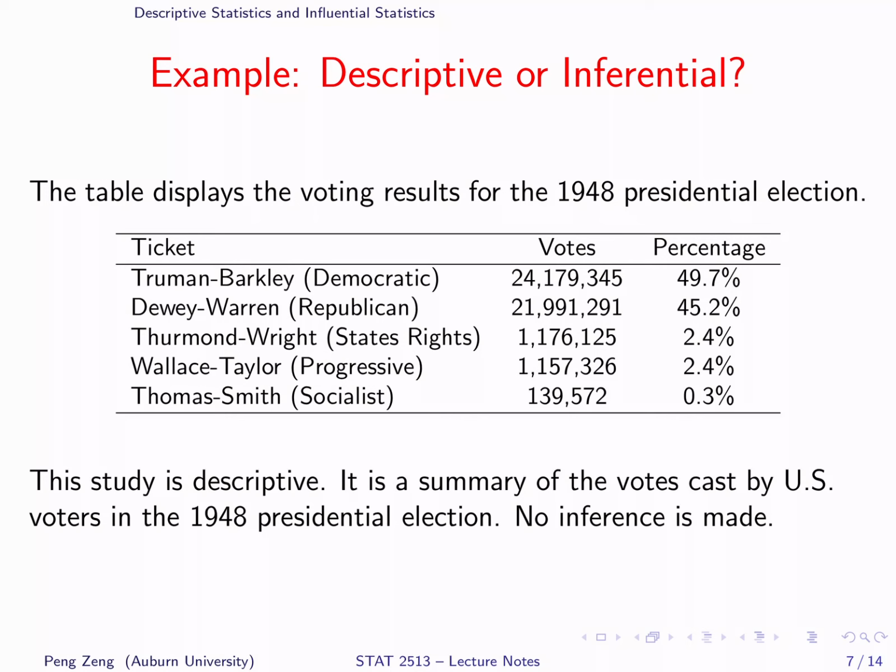Notice that this study is conducted on the whole US population, or at least all US adults who voted. Although the numbers are about the population, this study is still descriptive, because there is no inference. The purpose of statistics in this example is purely to summarize the information we collected.